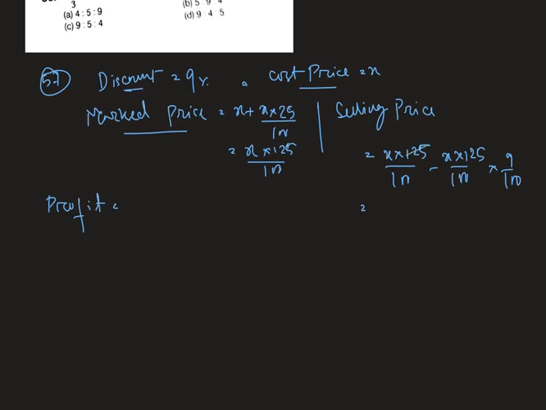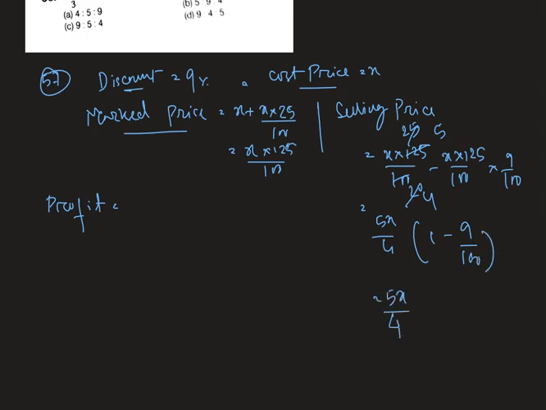So we have 125 by 100 is 5 by 4, therefore 5x divided by 4, into 1 minus 9 divided by 100.